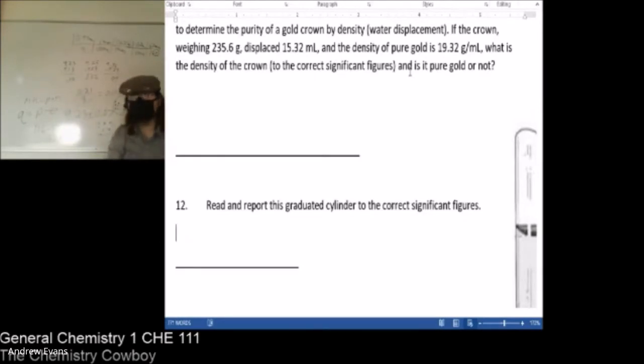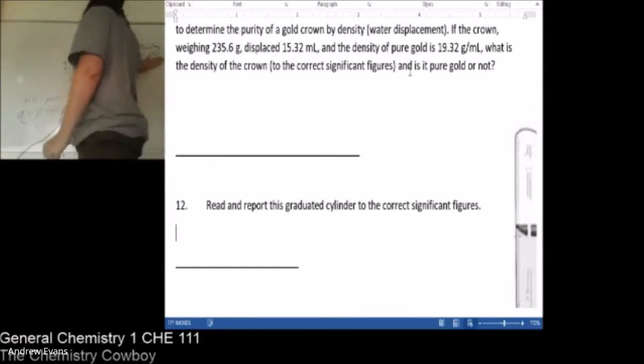This was a fill in the blank one. It wasn't too hard. You had to check the sig figs, but a 4 sig fig value divided by a 4 sig fig value should give an answer with 4 sig figs. Then you had to make sure you answered the second part of the question, which is whether this is actually gold.